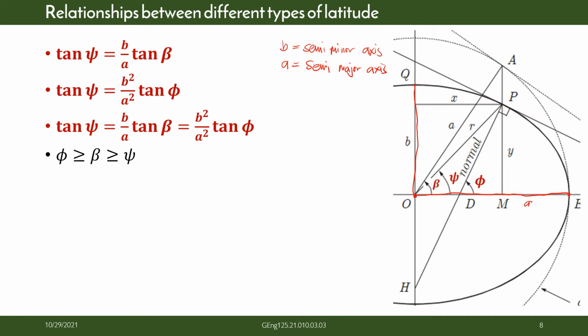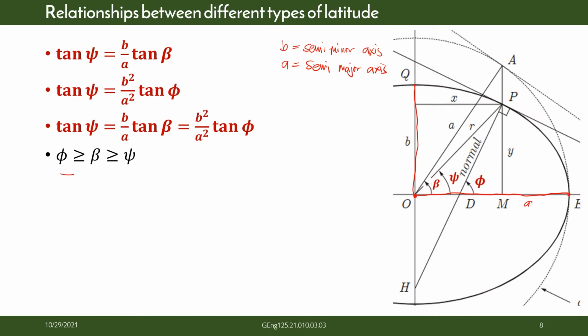Now to determine your reduced latitude equivalent, you simply manipulate the formula. Then we have here tangent of your geocentric latitude is equal to b squared over a squared times tangent of your geodetic latitude.